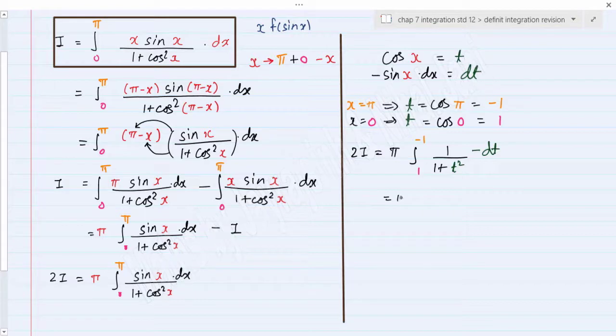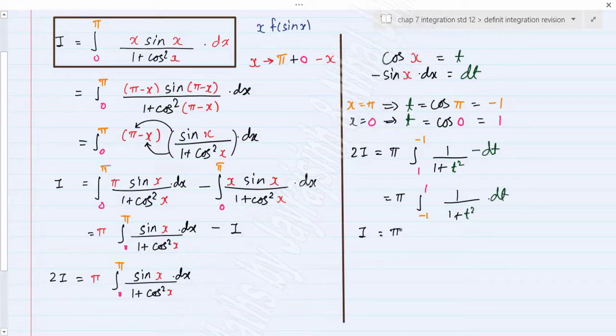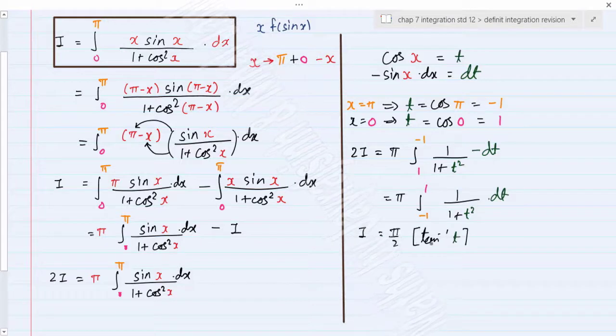Due to this negative sign, interchange the limit: minus 1 to 1, 1 upon 1 plus t square dt, and our I will be pi by 2. Integration of 1 upon 1 plus t square is nothing but tan inverse t. Limit is from minus 1 to 1.